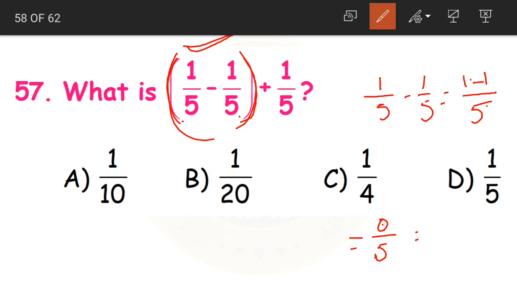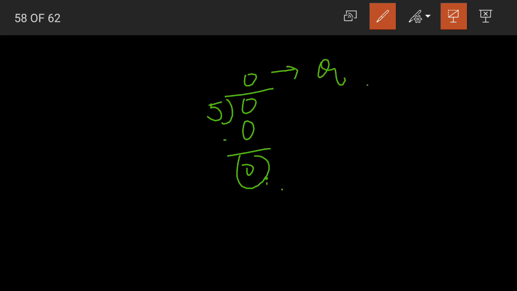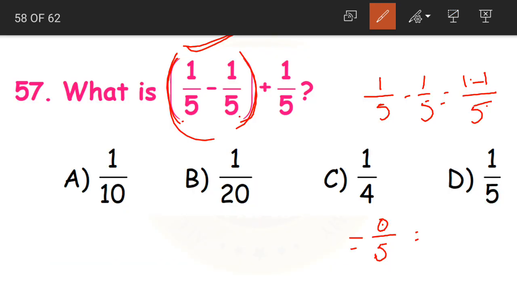Yes, what is 0 divided by 5 children? See, 0 divided by 5. 5 zeros are 0 when we subtract again. 0 is our remainder. What is the quotient here? The quotient is 0. Yes, so 1 by 5 minus 1 by 5 is nothing but our 0.